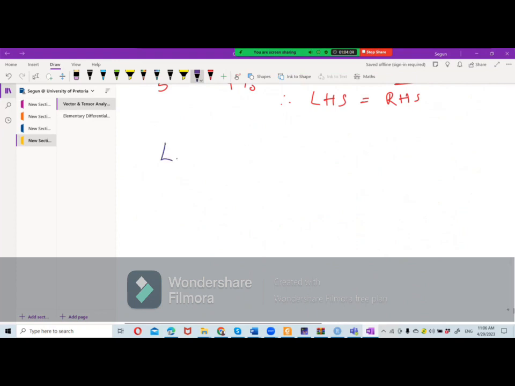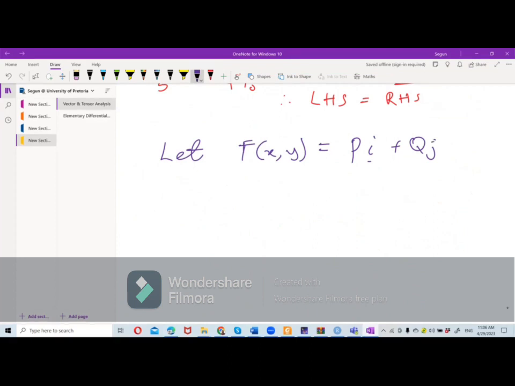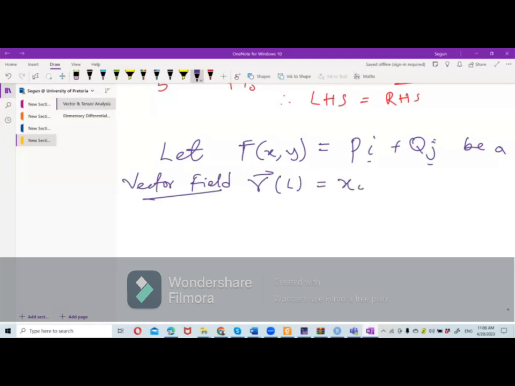Let f of x, y equal p vector i plus q vector j be a vector field. Now our vector r equals x i plus y j.